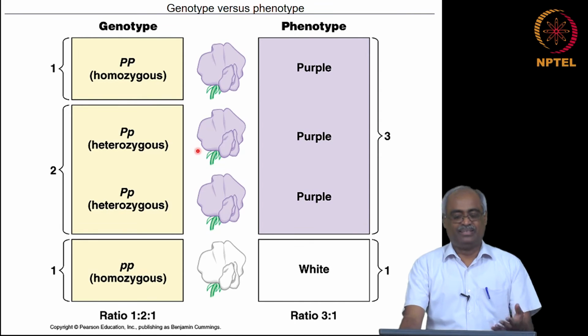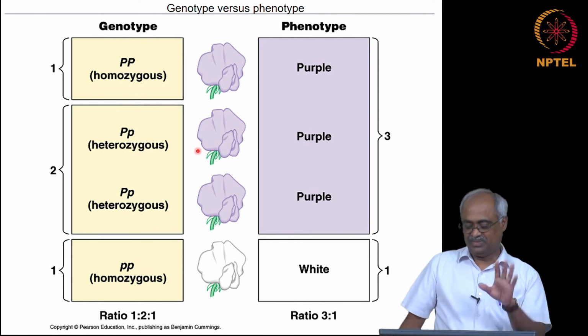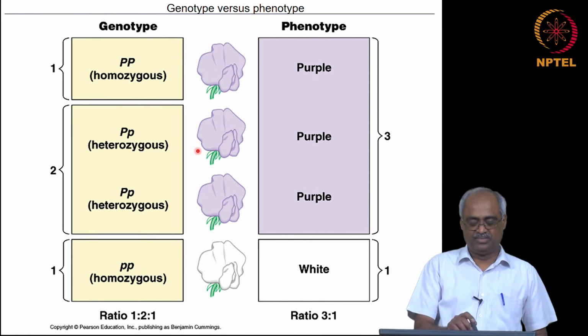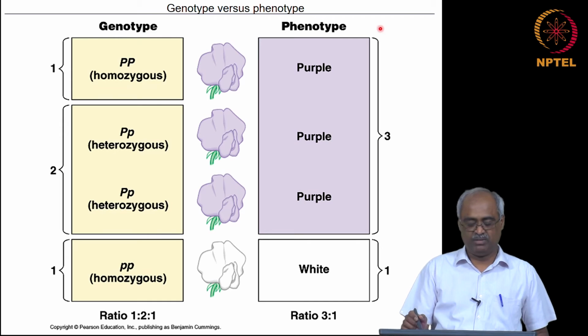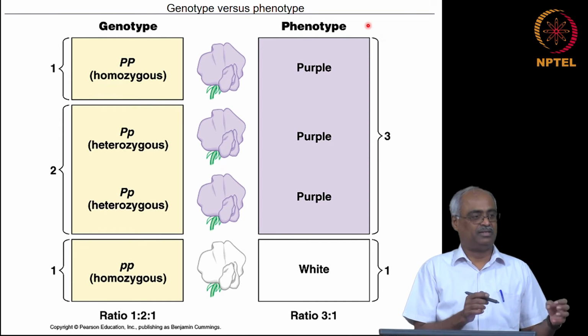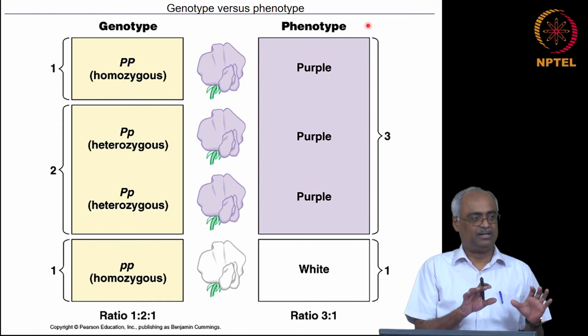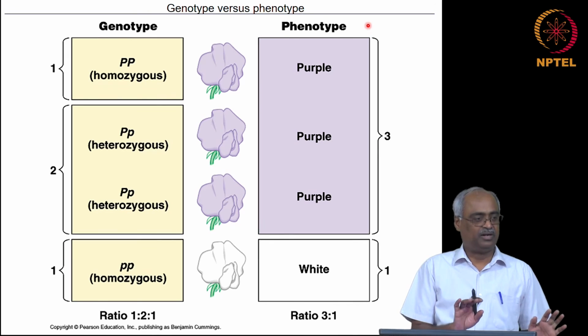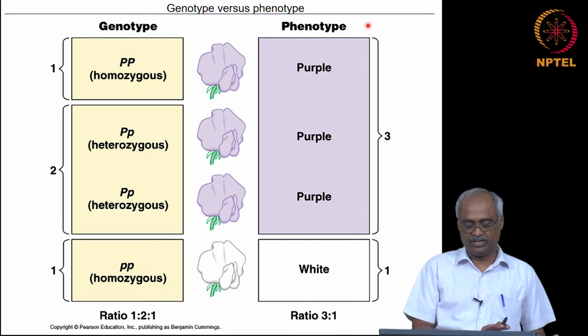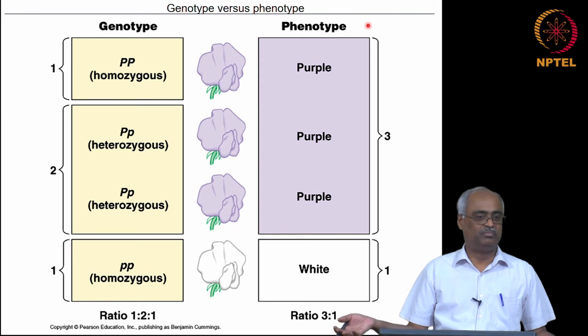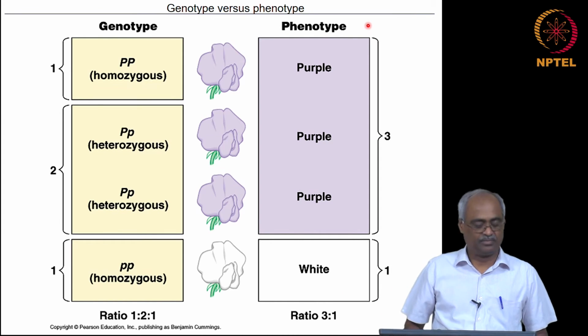So, now this is the time I should actually introduce these words, but you already know what is genotype and what is phenotype. The genetic information or the informational constitution is what you call the genotype, and phenotype is the visible biological outcome, the biological function, in this case the flower color.